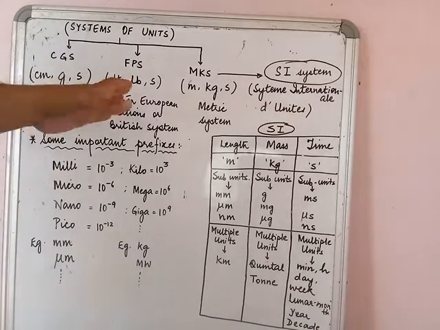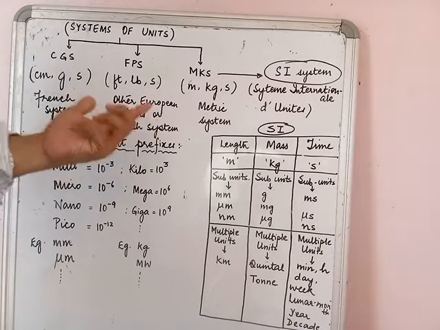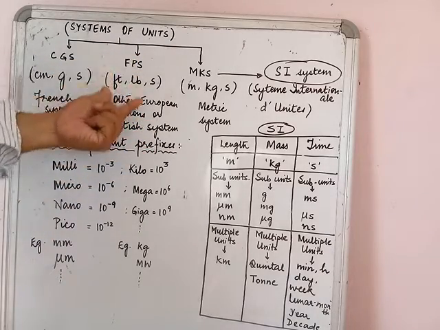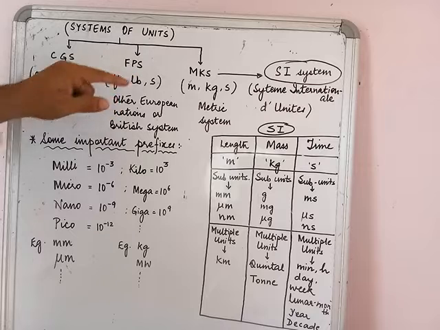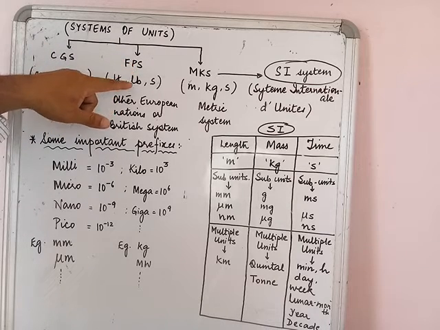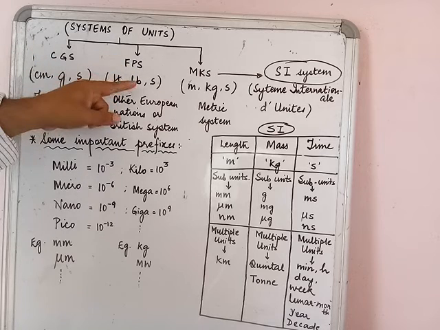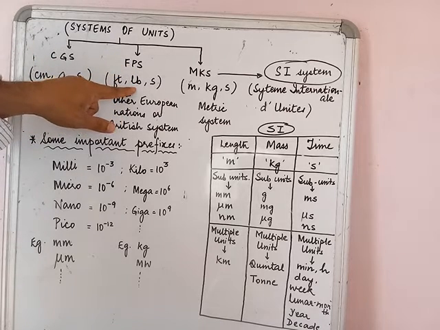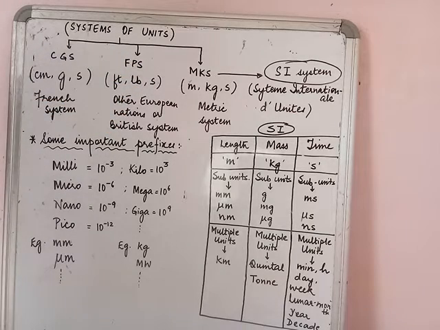Similarly we had other European nations, or basically the British system is the next one. So we have FPS. F represents foot or feet, and P represents pound, which is represented in terms of the symbol as small l, small b, and S obviously is for seconds.